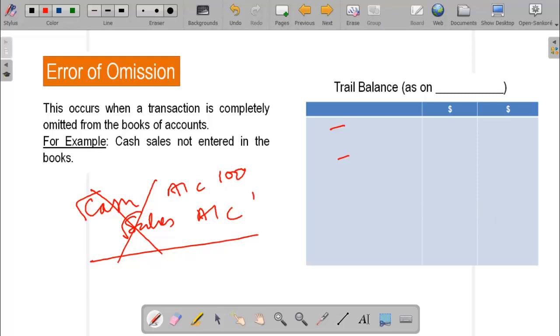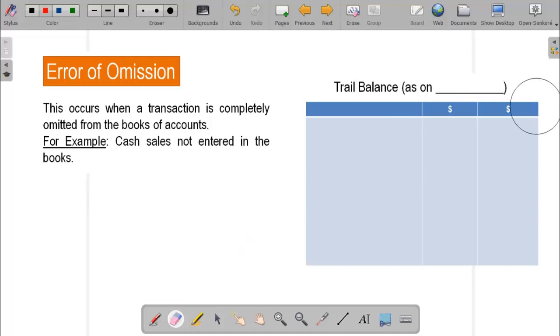Since I didn't pass this entry, the debit column will show a shortage of 100 and the credit column will also show a shortage of 100. Both sides will be less by 100. So this is called error of omission.